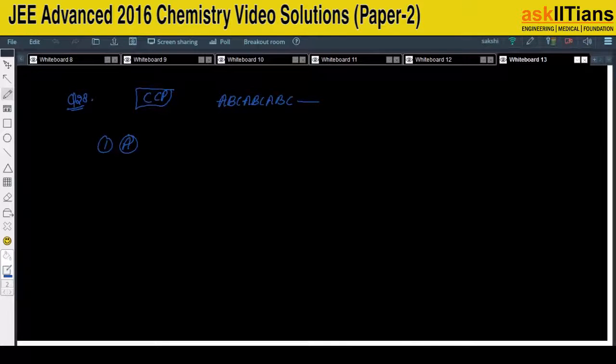As you can see, it's something like this. You have 1, 2, 3, 4, 5, 6, and then let's say this is a central atom. So this is, let's say, layer number A. Layer number B is something like this, and then you have layer number C, which is something like this.